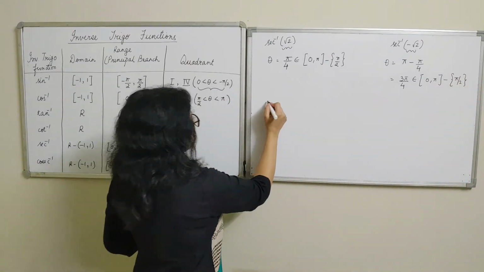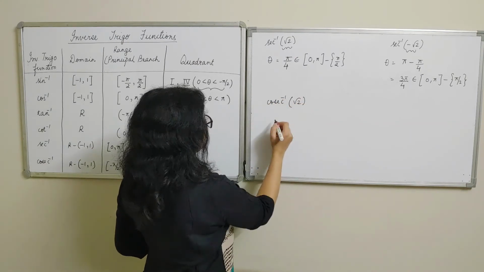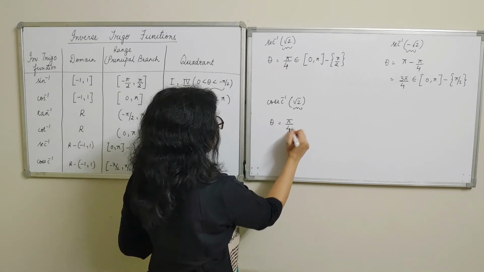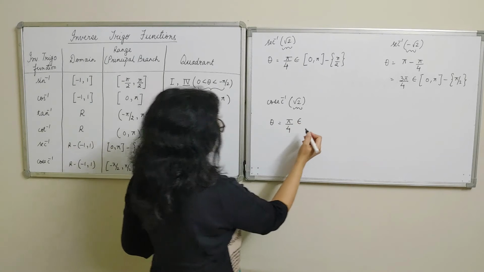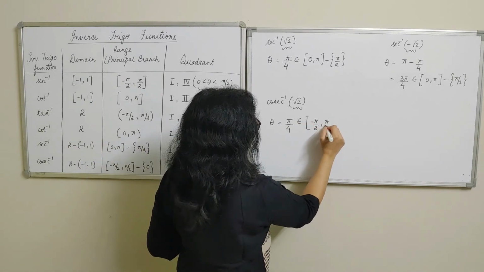In a similar manner, we can find cosec inverse root 2. Positive value, so the angle is an acute angle, and this angle will of course belong to the principal branch of the cosec inverse function.